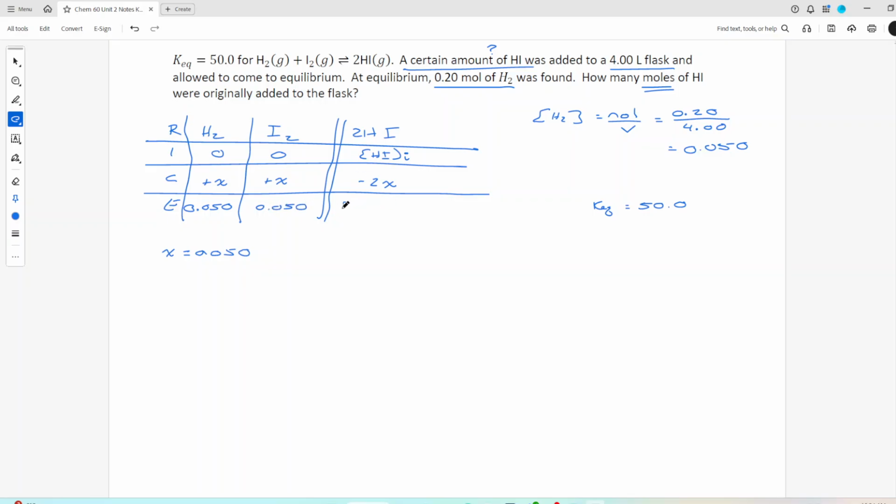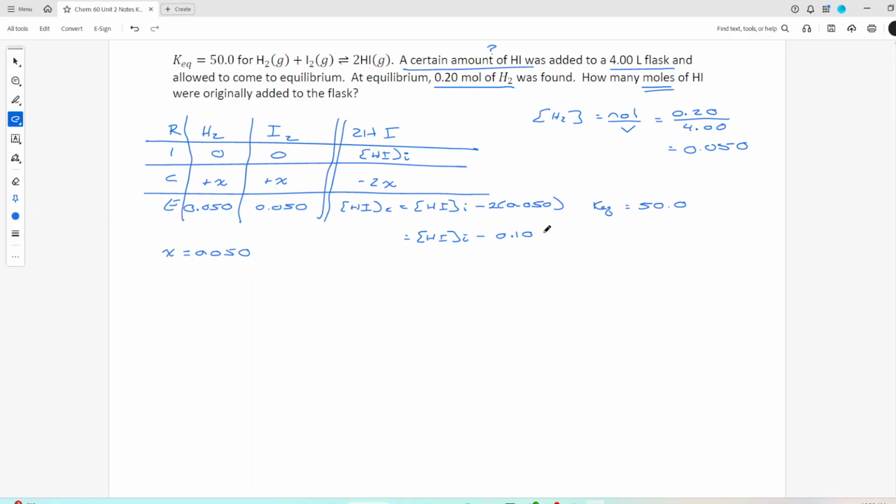And then for this one, the concentration of HI at equilibrium is going to equal that initial concentration of HI minus 2 times the 0.05. So 2 times 0.05 is 0.1. So it's going to be HI, the amount that you have of this initially, minus 0.10.